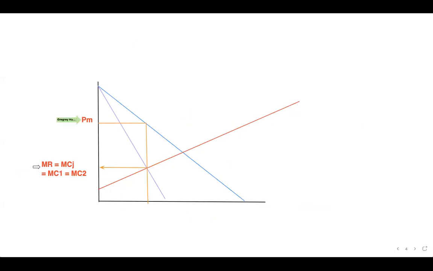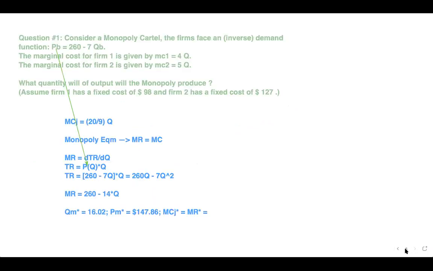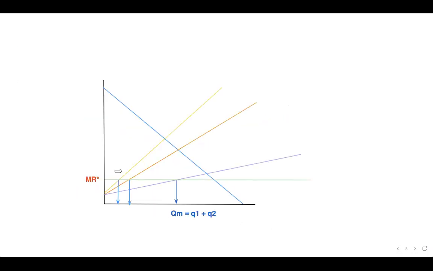Instead, it's this equilibrium level of marginal revenue that each of the firms is earning, or their shared marginal cost value at that level of production. So we need to know that, because otherwise we won't be able to disaggregate the output.